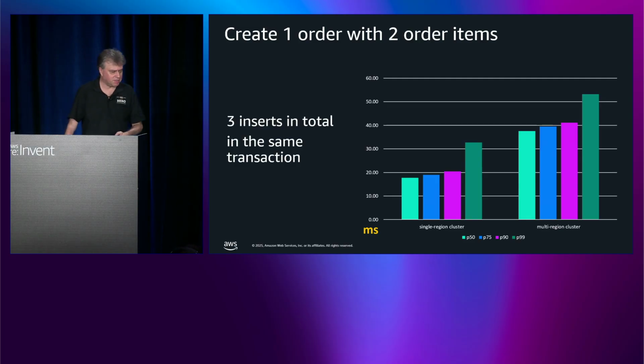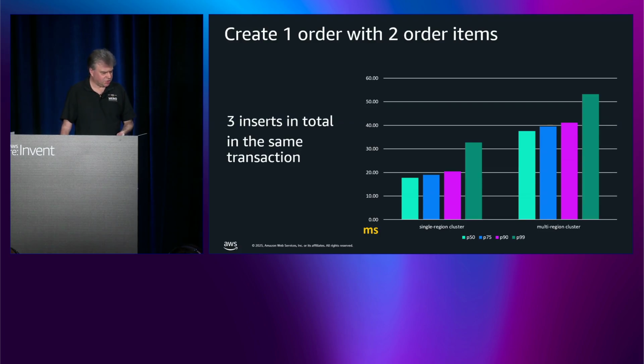So the first measurement was creation of one order containing two items. So basically, these are three inserts in one transaction: one insert into order and two inserts into order items. If you look at the results, let's look at this lilac one. It's P90. In 90% of the cases, we have a result that is not worse than that.